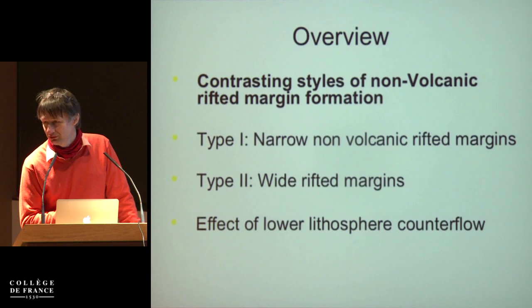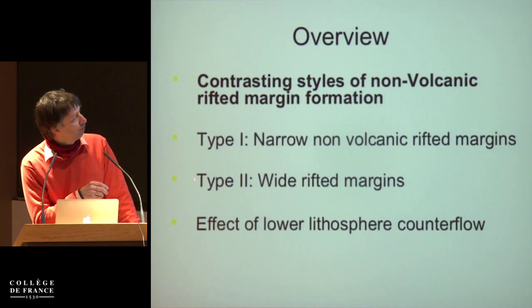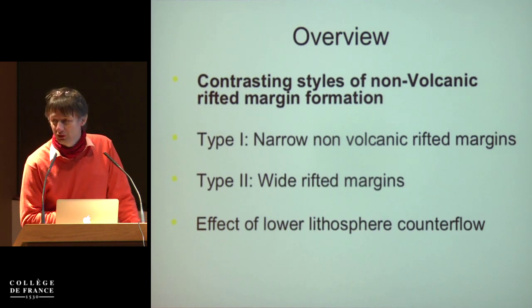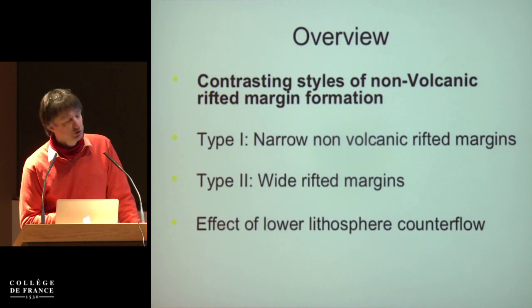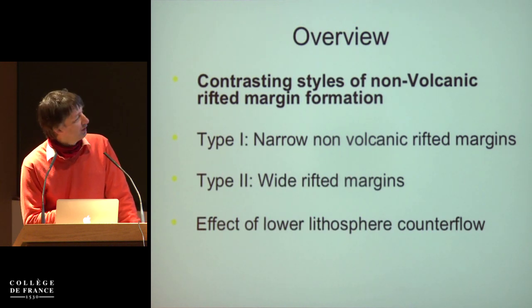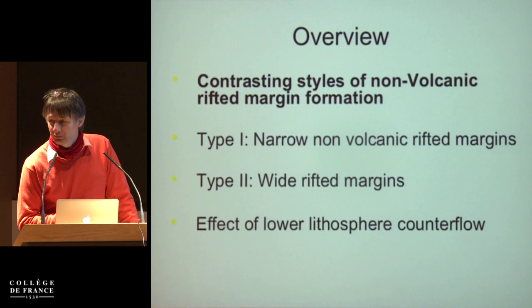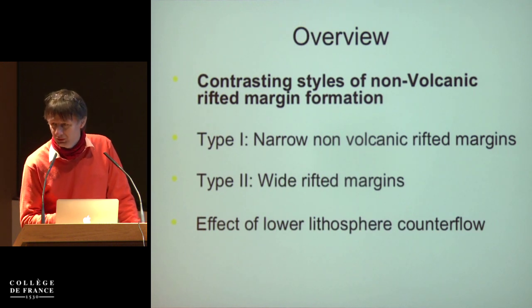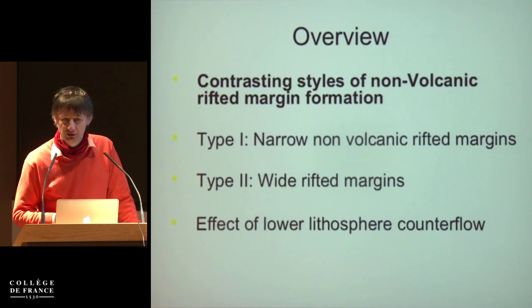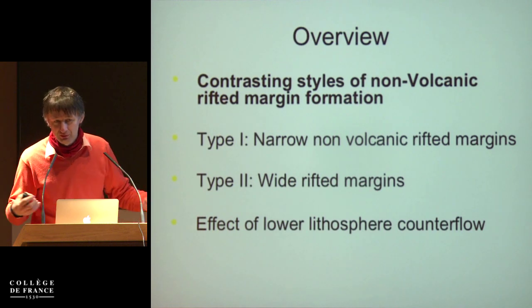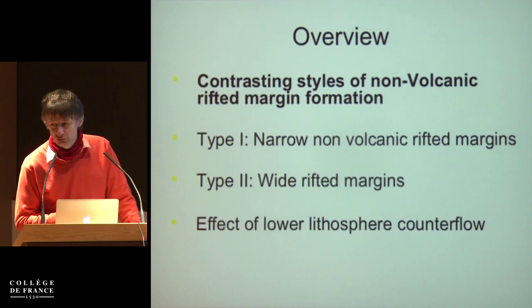I'll show you that the main controlling factor on these 2 end members is the rheology of the crust and its strength. And then in the last part of the talk, I'll introduce the effect of the lower lithosphere and its ability to become mobile and actually flow in the opposite direction as rifting is occurring. So it will flow towards the rift axis, as you will see.